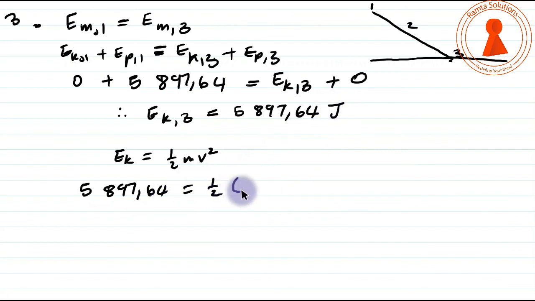Joules equals half. What is the mass? The mass we're looking at is 59. It doesn't change. Now the velocity here is the velocity at the bottom, let me call it v3.